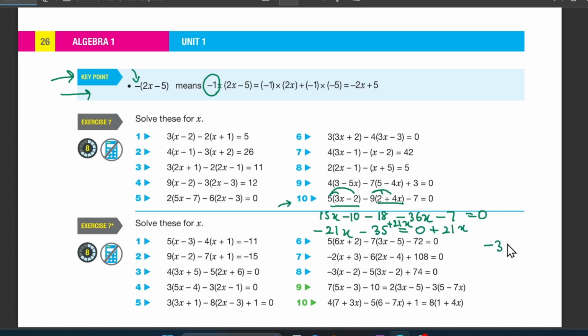Then I get minus 35 equals 21x, so I can divide both sides by 21. These two cancel out. X equals minus 35 over 21. So we can divide both by 7. Then I get minus 5 over 3.